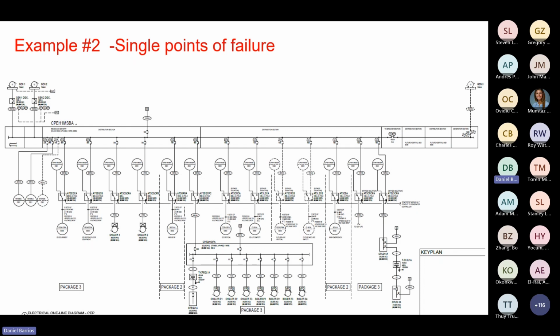Again, no matter how complicated the system becomes, I'm still showing that those two generators are connected to a main lug only bus. And in that case, it typically is not in control of that tiebreaker. How is that tiebreaker being controlled or such?